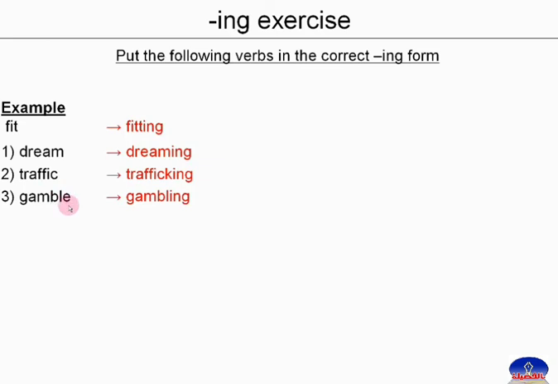Gamble at the end has a silent E. It has a letter E that we do not hear. And so we delete the letter E and then we add ing. Question 4.